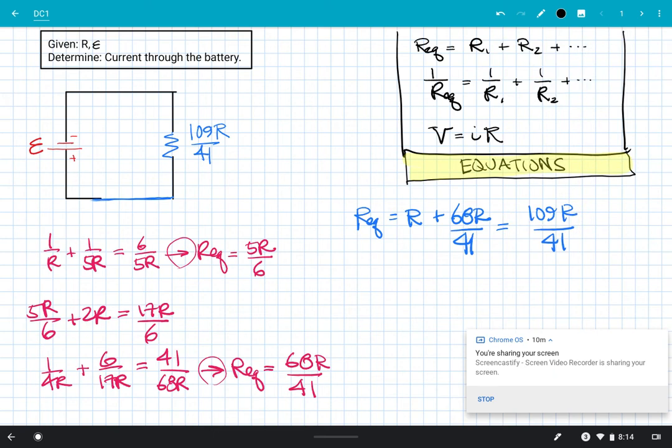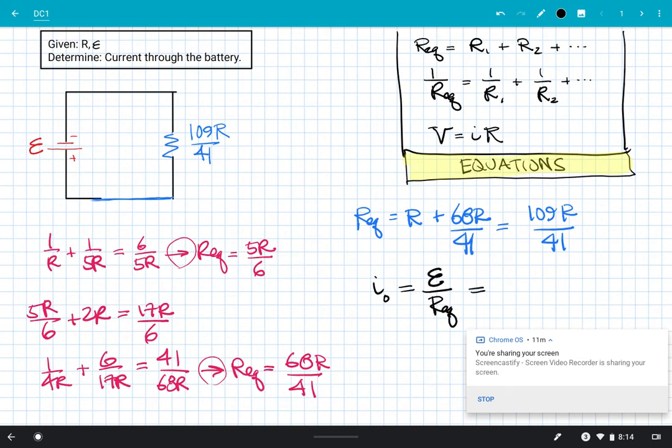In order to find the current through the battery, my notation for battery current tends to be I naught, so I'm going to start using that now. You'll see me use that. It is equal to the potential divided by the equivalent resistance. In this case, the battery potential is given as E. That's notation we use when we're talking about the potential value of an EMF. And I'm dividing this by the equivalent resistance for the entire circuit, right?